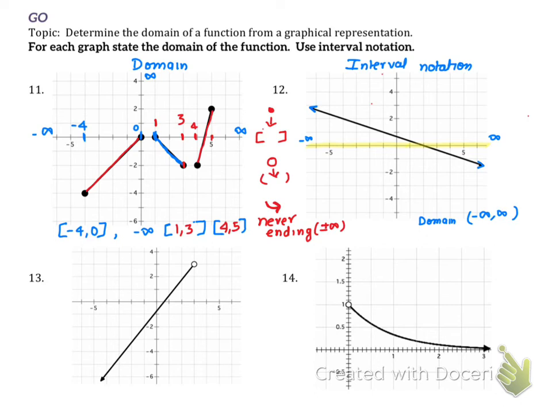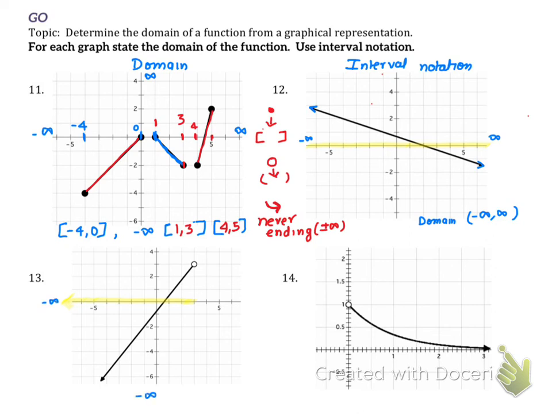Let's move to question number 13. You can pause the video and think about it and write your answer. We have to write the domain, so we need to see which part it's covering on the x-axis. It keeps on going to this side, and it's never ending on this side, so I don't have any ending point there. That side is negative infinity.